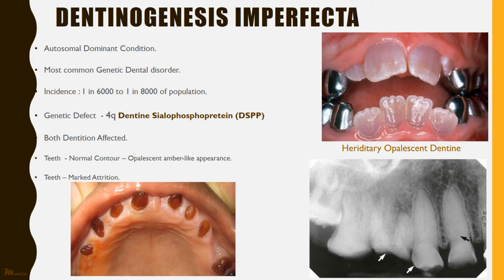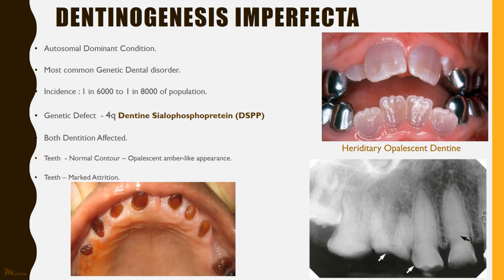So, in cases of dentinogenesis imperfecta, the protein dentin sialophosphoprotein is affected. Since this is a genetic anomaly, it should be remembered that both the primary and the permanent dentition are affected.